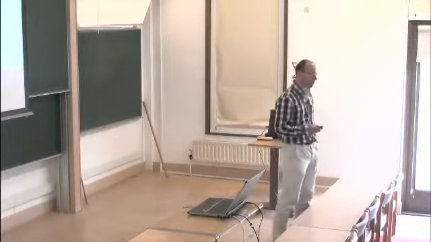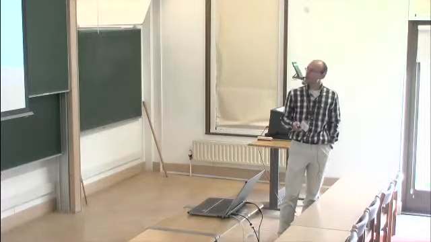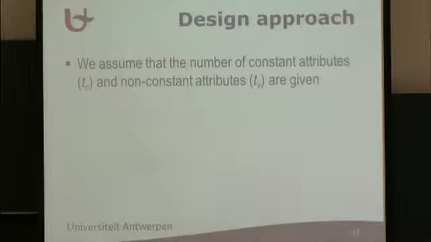Now, how do we do that? How do we end up with designs that have partial profiles? Well, first of all, we assume that the number of constant attributes and the number of non-constant attributes are given.